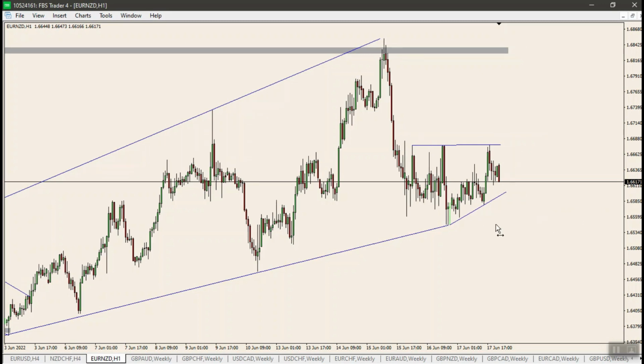So for now, I do expect for the next 2 weeks some drops, but similar to the other currency pairs, we are not exactly sure, but we will see going onwards.